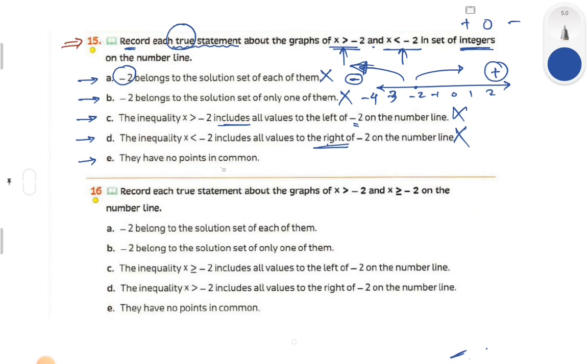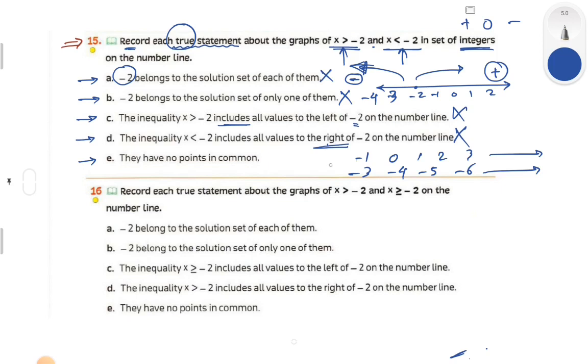Last one, they have no points in common. What does this mean? The solution of x greater than negative 2 may be negative 1 or 0, 1, 2, 3, and so on. The solution of x less than negative 2 may be negative 3, negative 4, negative 5, negative 6, and so on.